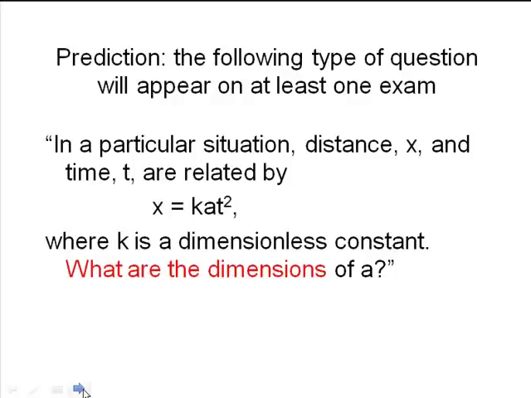So here's a prediction. Your first test will have at least one question of the following type. We've got a particular situation where we're measuring a distance, x, and relating it to time. And we know it's related by an equation that says x equals k a t squared. And the question is, if k is a dimensionless constant, what are the dimensions of a? Well, we know that the dimensions of x are length, and the dimensions of t squared are time squared.